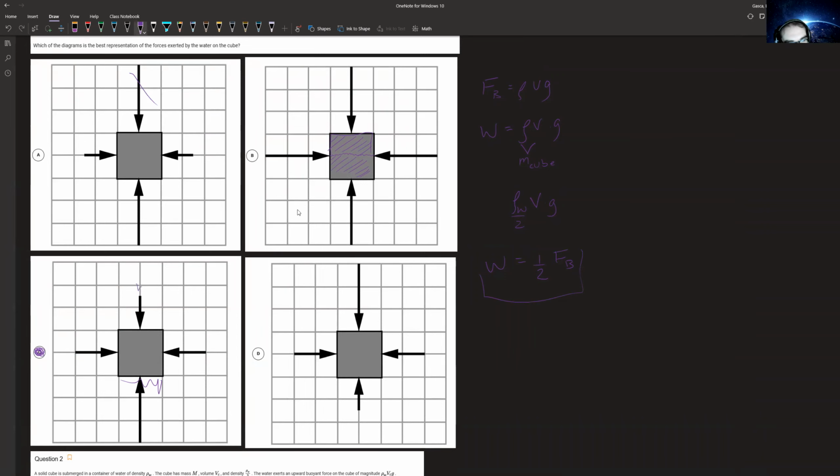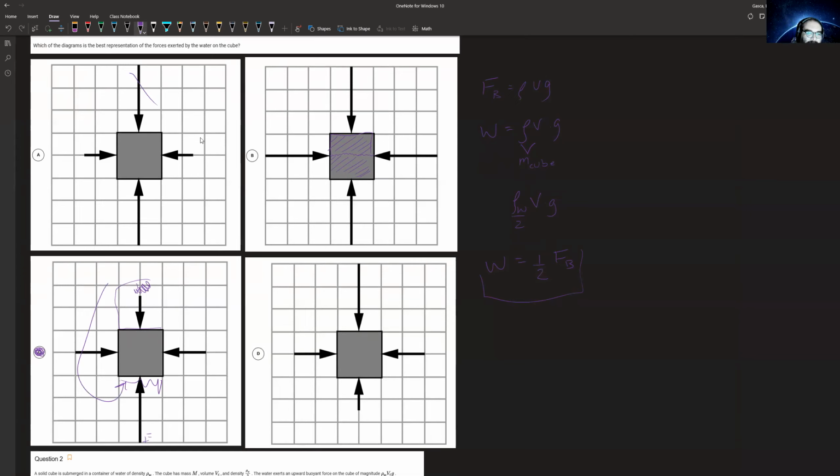We could say, well, this is the weight and this is the buoyant force. But more than anything, at the top there's less water pushing, and over here at the bottom, we have more water pushing. So we're going to expect more force on the bottom of the cube than on the top. That's what gives us that buoyancy effect as we push water out.